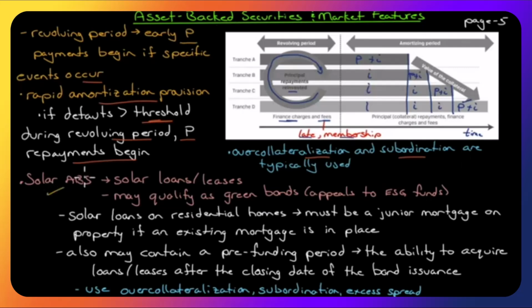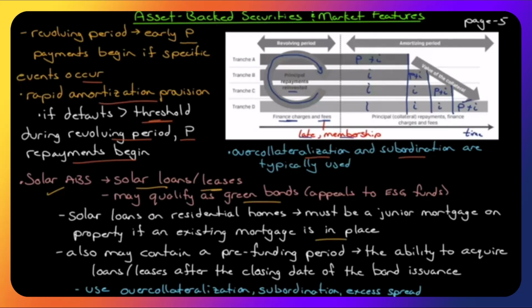Here's an interesting one, solar ABS. In the quest to create bonds that satisfy ESG considerations, there are solar bonds, which may be considered green bonds, backed by solar loans and leases. Solar loans on residential homes must be given a junior mortgage on a property when an existing mortgage is in place. So if you have an MBS, it's backed by a pool of mortgages that have a first lien on the house.